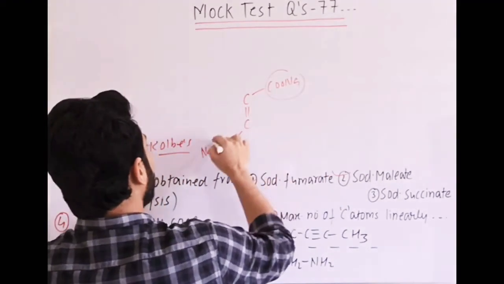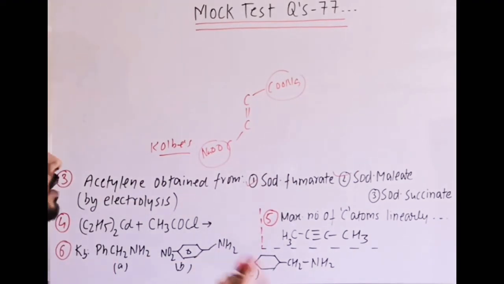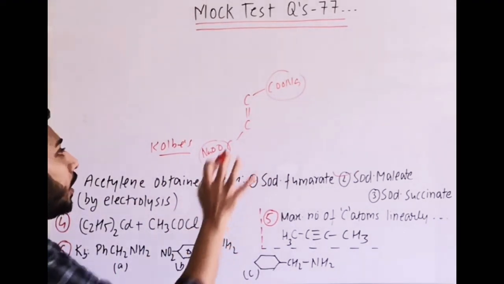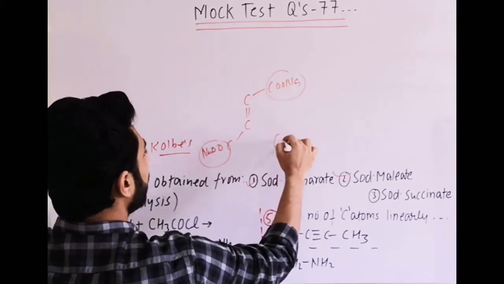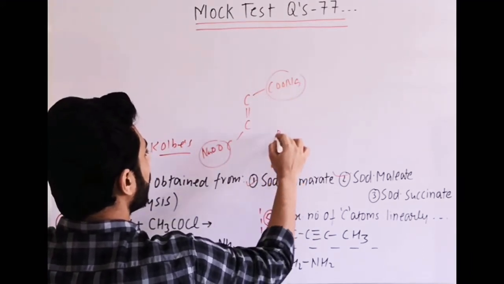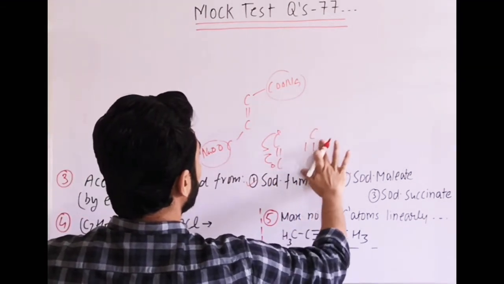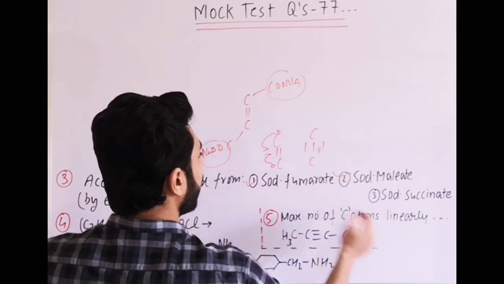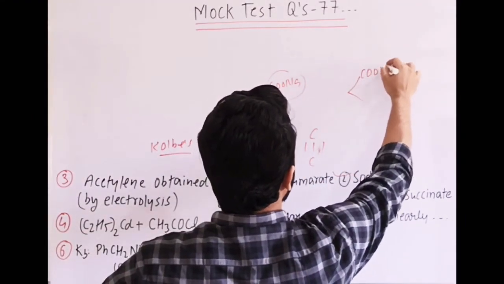We know the Kolbe method. The mechanism is already done, so I am not mentioning details about it, because it is covered and not required to be written again in the mock test discussion. When they leave, it results in radical formation and they quickly combine to give acetylene gas. Whereas sodium succinate, from succinic acid, has this structure.